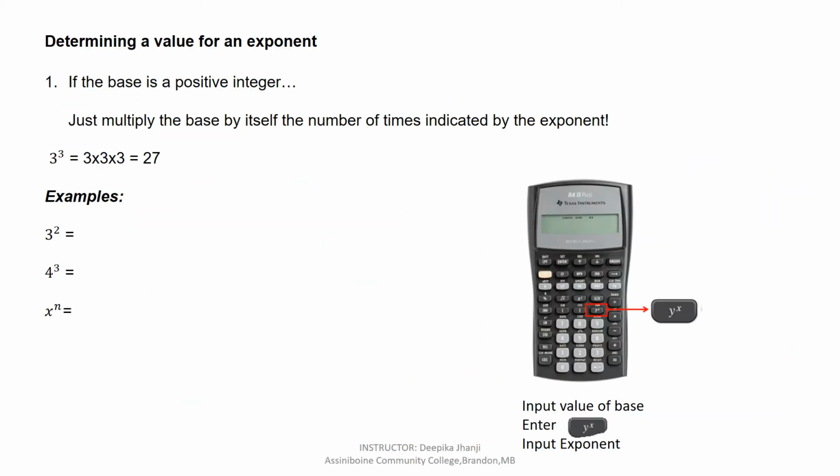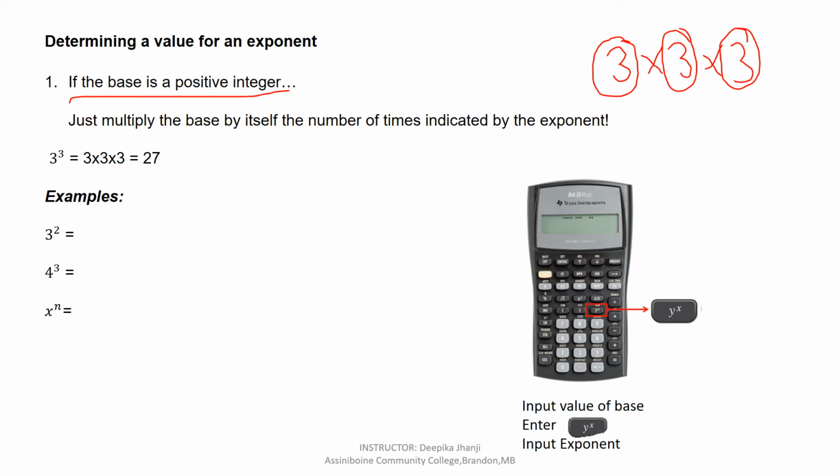Now, how do we calculate the value of exponents? My first case is if the base is positive. Positive means, for example, 3 times 3 times 3. No sign means it is positive. How do we calculate the value when the base is positive?